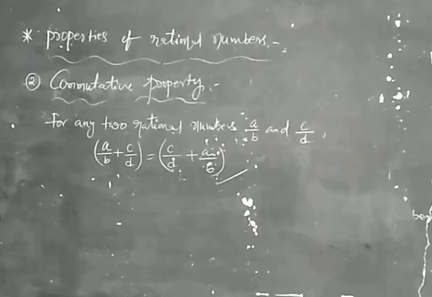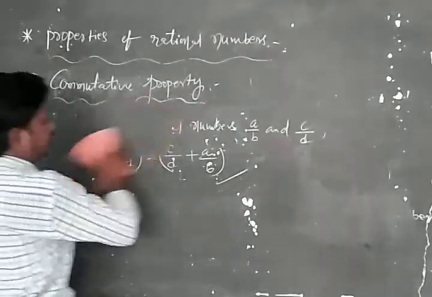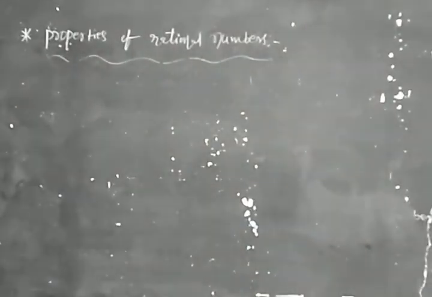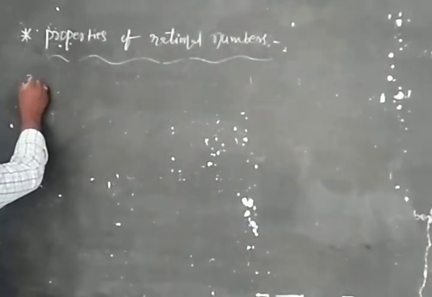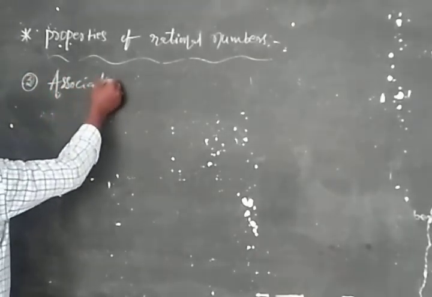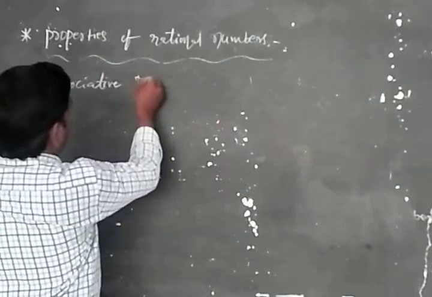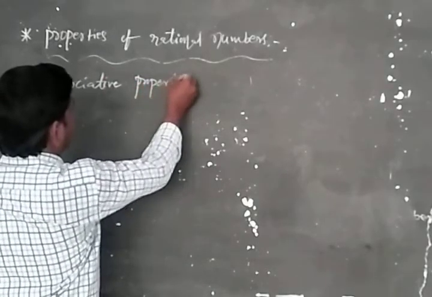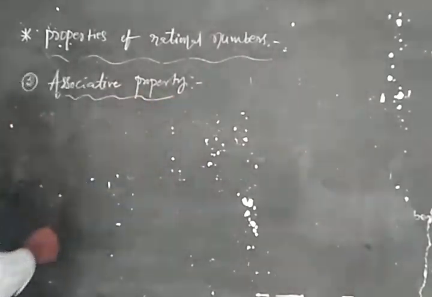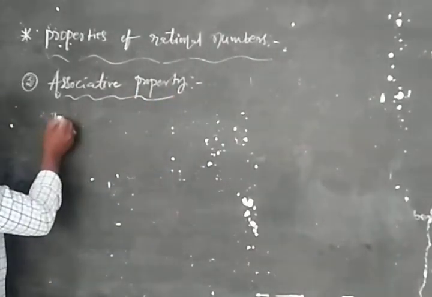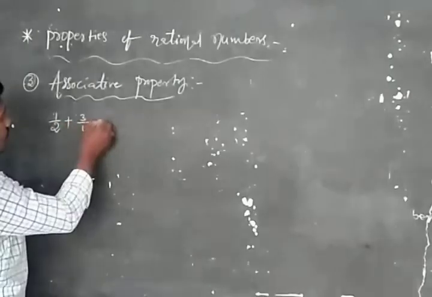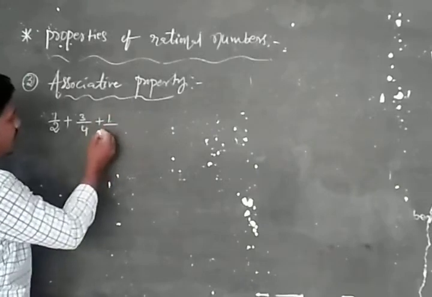Next, associative property. 1/2 plus 3/4 plus 1/3.